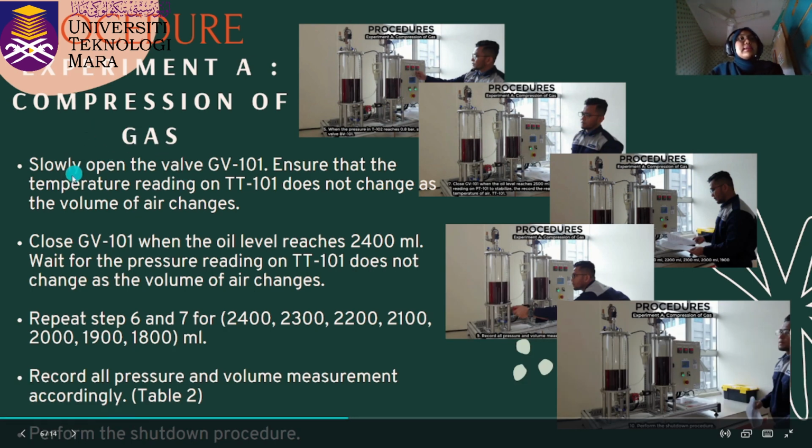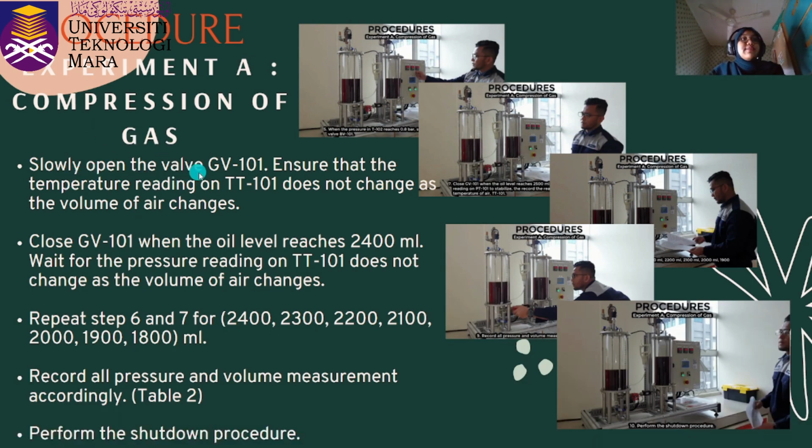Next, slowly open the valve GV101. Ensure that the temperature reading on TT101 does not change as the volume of air changes. Close GV101 when the oil level reaches 2400 milliliter.